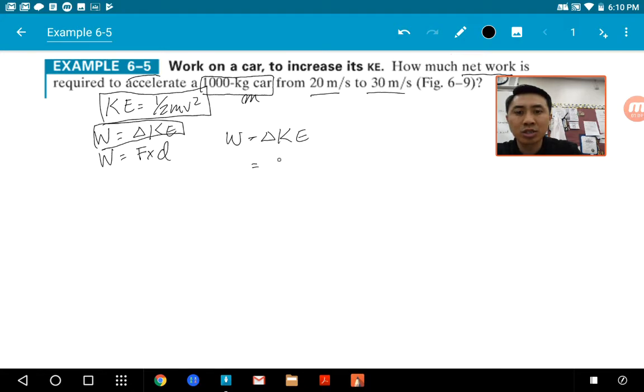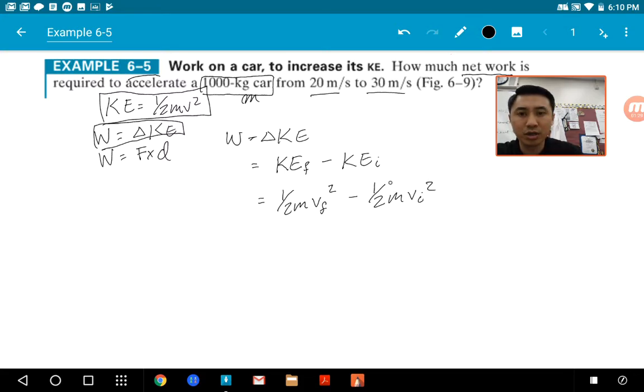That means it's the final kinetic energy minus the initial kinetic energy, right? Meaning it's going to be 1/2 mv final squared, minus 1/2 mv initial squared, right?